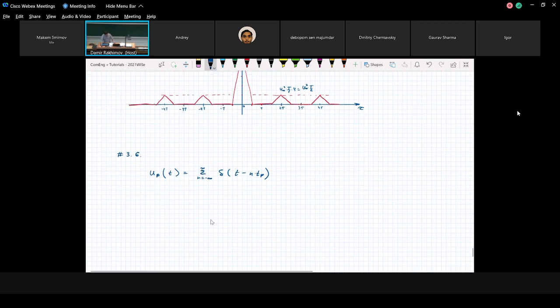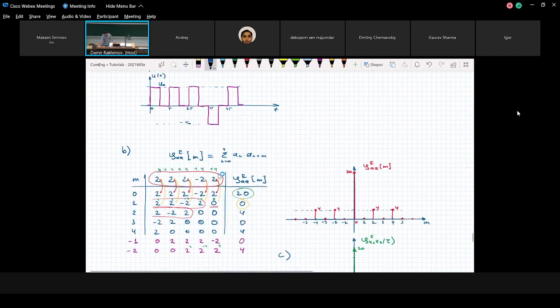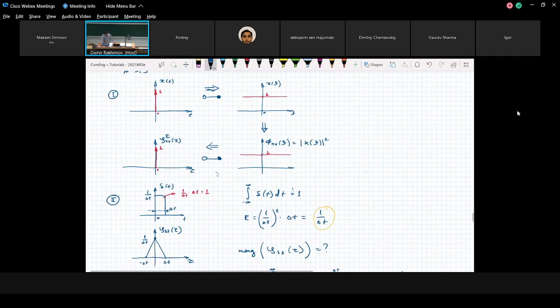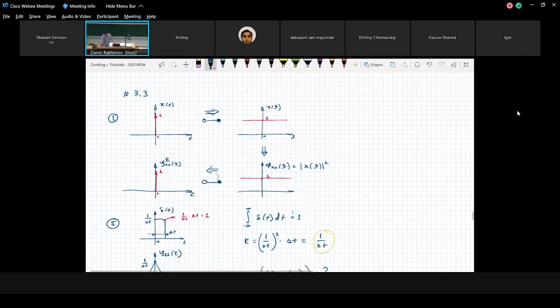Okay, actually we're going to do exactly the same steps as we did for task number 3.3, at the very beginning. We took our pulse, calculated the spectrum, then took the absolute value squared of this spectrum to find the energy spectral density.